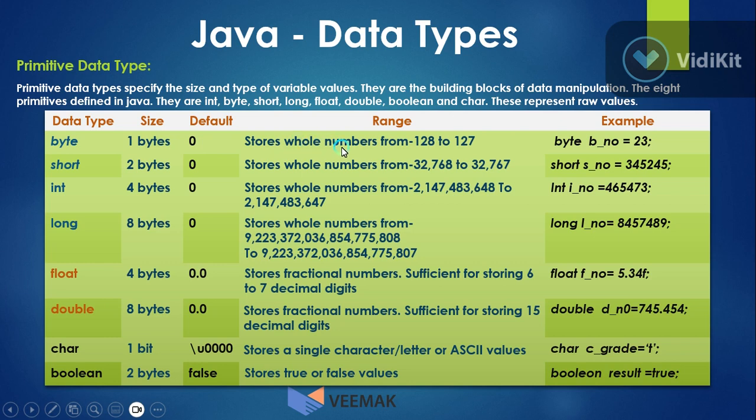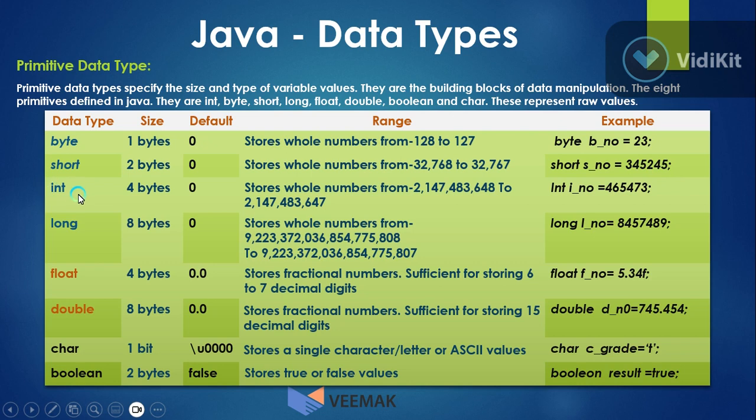Stores only a whole number from this negative number to this positive number. This is the example. I am storing a number. The short, the size is 2 bytes, and it stores a whole number from this negative number to this positive number. This is the example. I am storing this number.